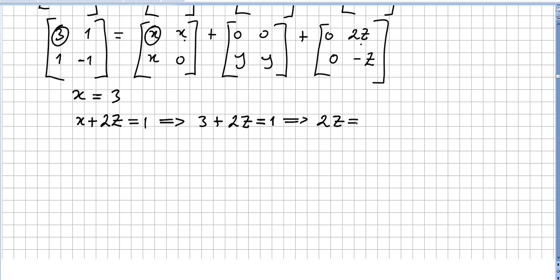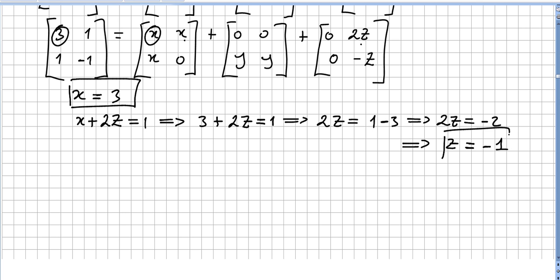So 2z is 1 minus 3. So 2z is minus 2. So z will be minus 1. So now that we have x equal 3, z equal minus 1, you just keep doing calculations and you will find that y is minus 2.